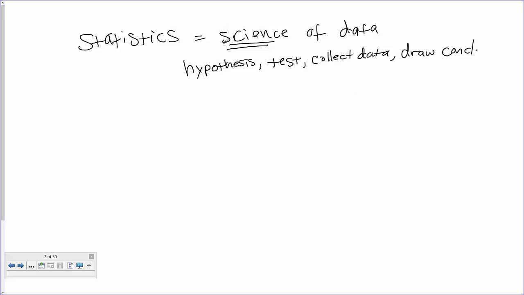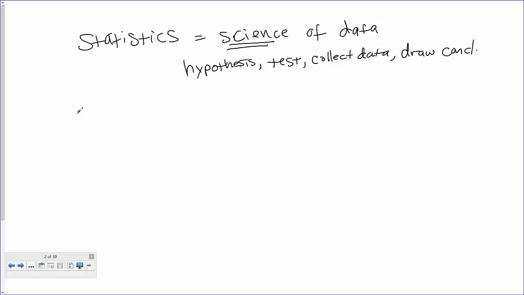In fact, a lot of you are probably taking this course because it's a requirement in your major. If your major has anything to do with research whatsoever, like a psychology student, being able to do sound research, meaning that you're able to examine data and collect data appropriately and ethically, all of those things, that's one of the reasons why we study statistics.